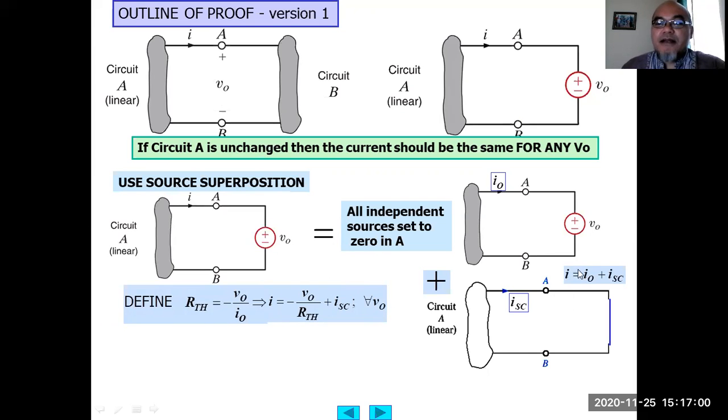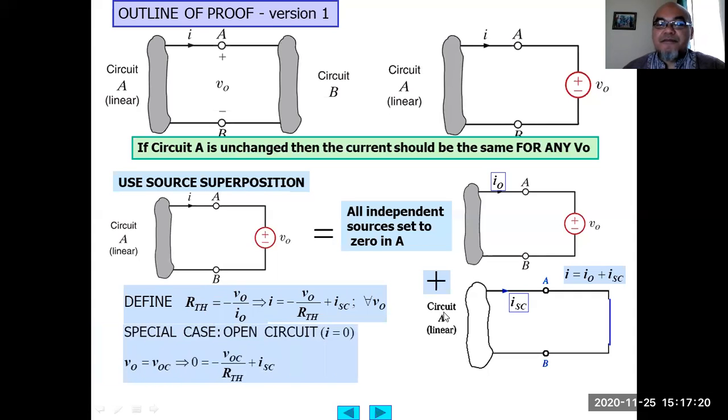So the current I equals, replacing I_O with V output divided by RTH, negative V output divided by RTH plus I short circuit, the current at short circuit for every V output.